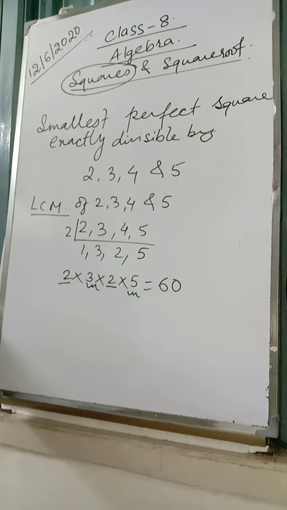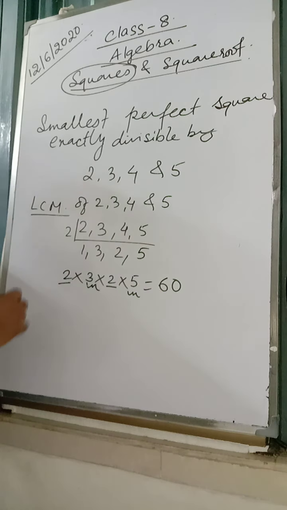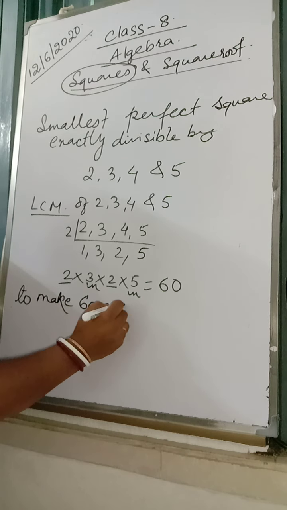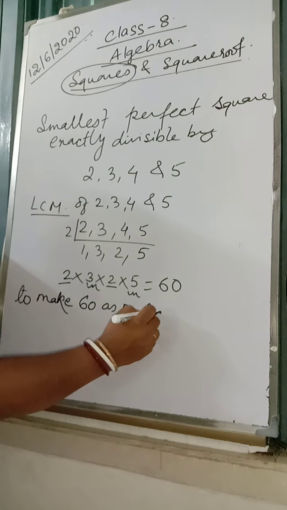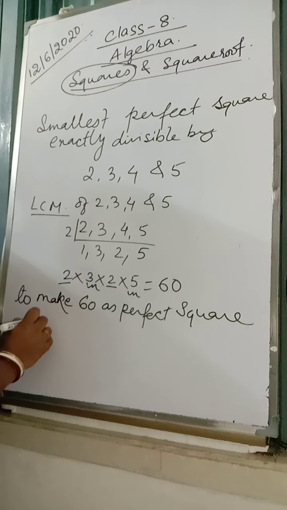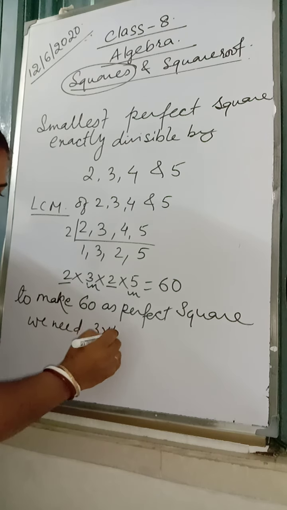So what do I need to make 60 a perfect square? I need one more 3 and one more 5. So to make 60 a perfect square, we need 3 into 5.